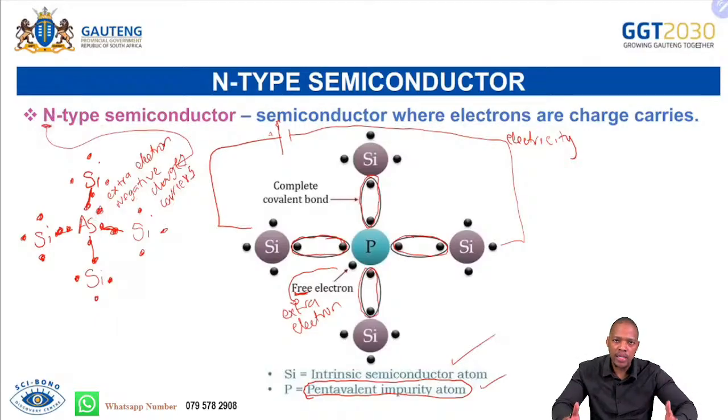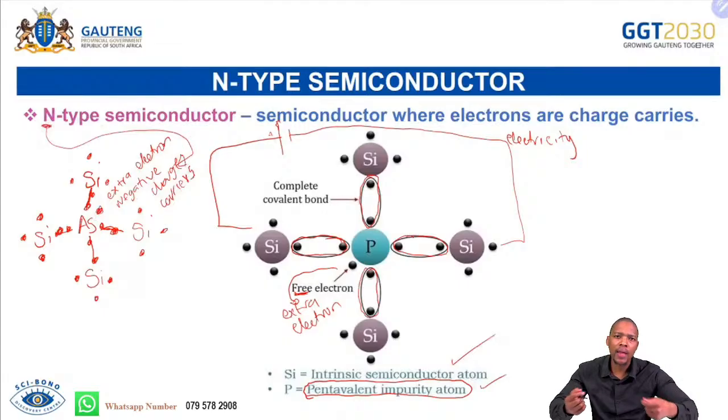It only can bring 3 electrons. That hole right there is what starts this chain of electricity being conducted. Then we call that the p-type semiconductor, because of positive charge carriers, those holes.